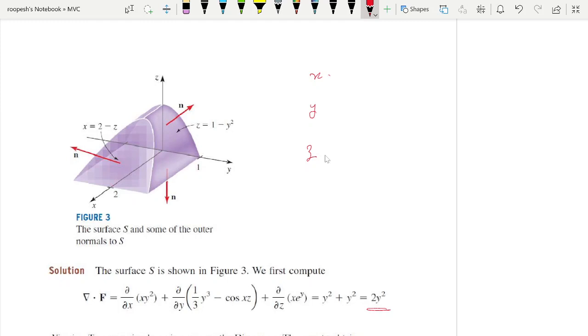That means x is varying from 0 to where? This curve, right? So 2 minus z. Am I right? No. X equal to 2 minus z means this surface, right?